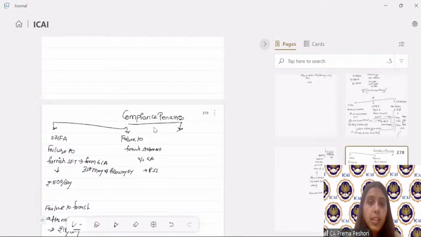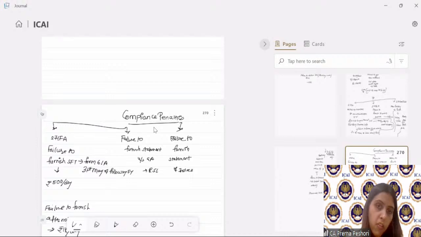There also the Indian company has to furnish the statement of indirect transfer under section 285A. Under section 285A, the company has to furnish this statement, and for that the penalty is 2% of the value of transaction. Is that clear?